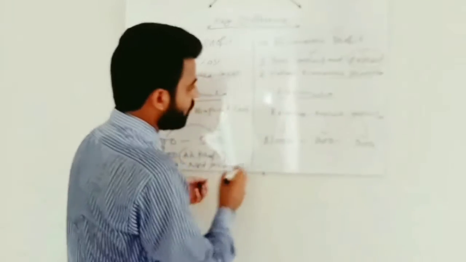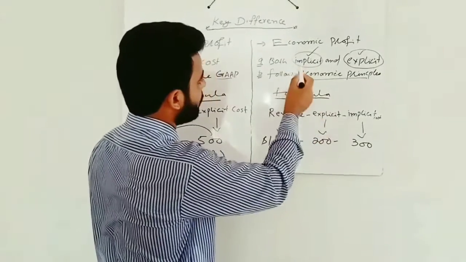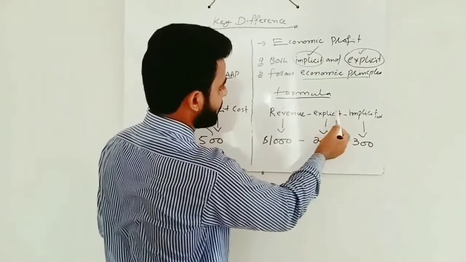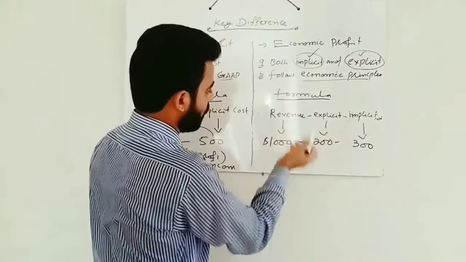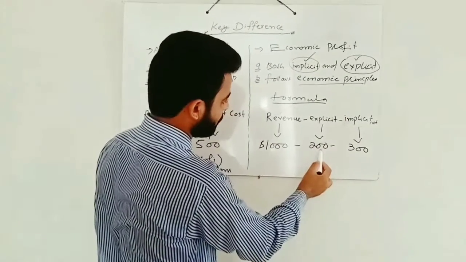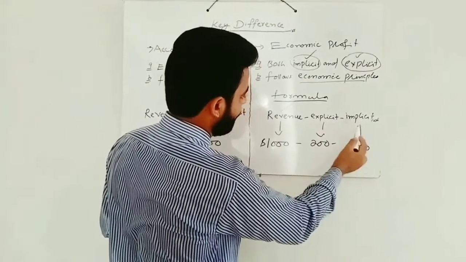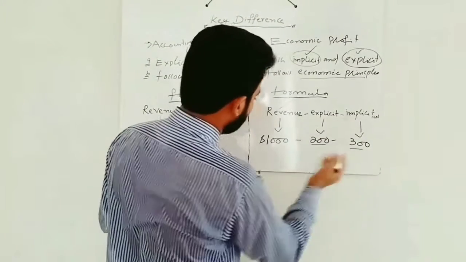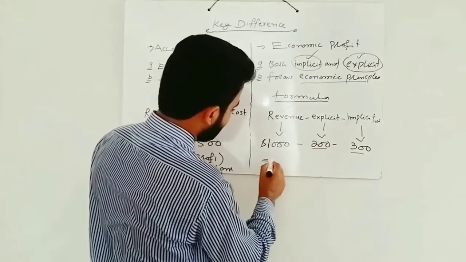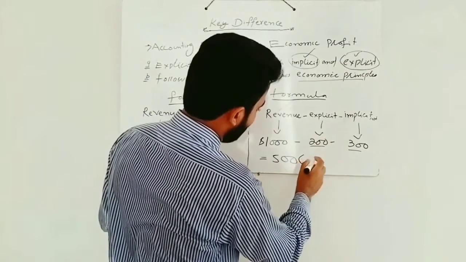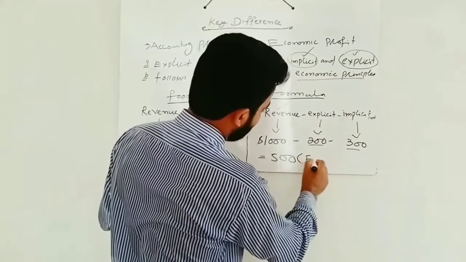So the formula of calculating economic profit is that we have to deduct the explicit cost and implicit cost from total revenue. We have 1000 as revenue and 200 as explicit cost and 300 as the implicit cost. When we deduct the 200 and 300 from 1000, the answer will come 500. So 500 will be economic profit.